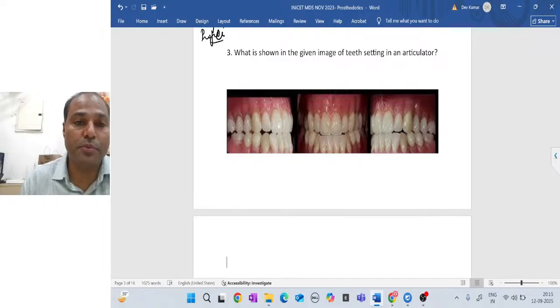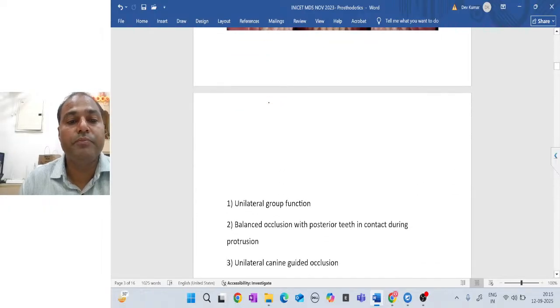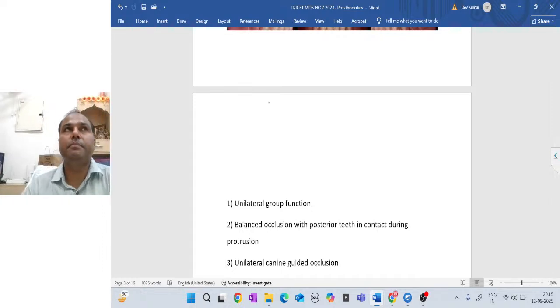So let us see the options. Unilateral groove function, no. It is in natural teeth where the teeth contact the canine and the premolars and maybe the mesiobuccal cusp of the first molar on the working side.